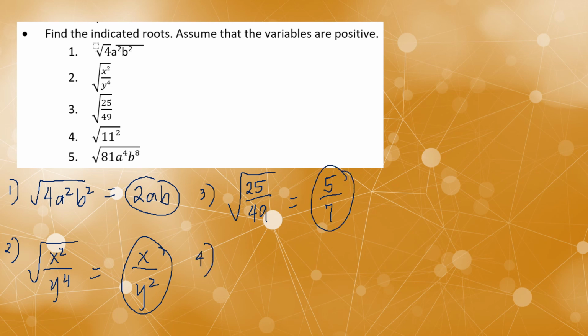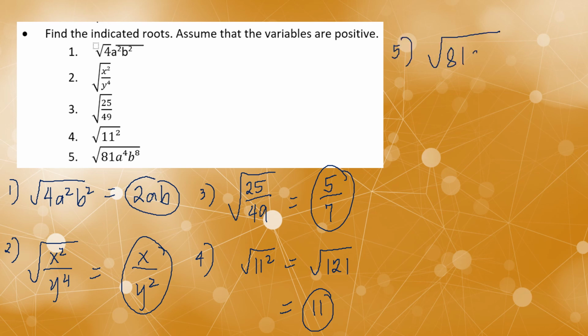Number 4. Square root of 11 squared. This is the same as the square root of 121, since 11 squared is equal to 121. 121 is a perfect square. The square root of 121 is 11. Number 5. We have the square root of 81, a raised to the fourth power, b raised to the 8th power.